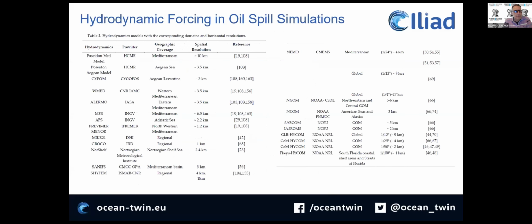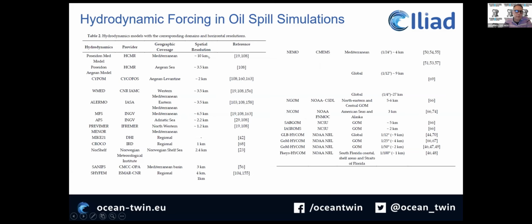In terms of hydrodynamic modeling, again, there is a series of hydrodynamic models, and here we review the providers and the geographical coverage. You see here, for example, the Copernicus data products, but of course there are plenty of regional products that someone can use.